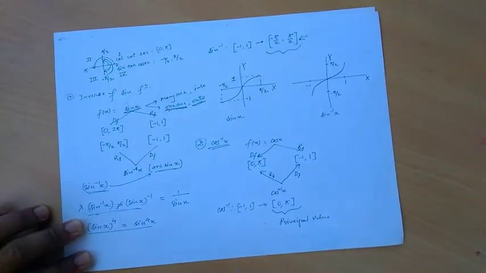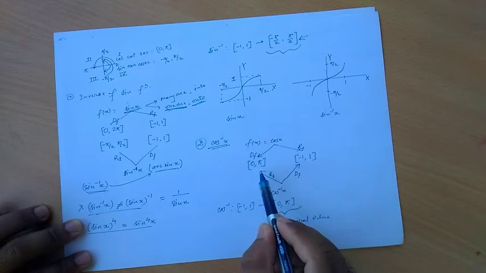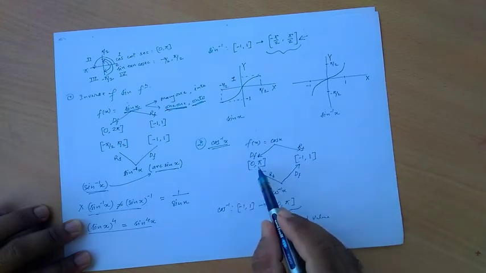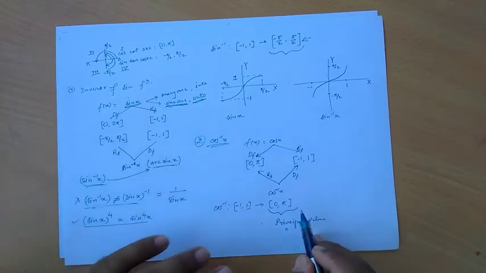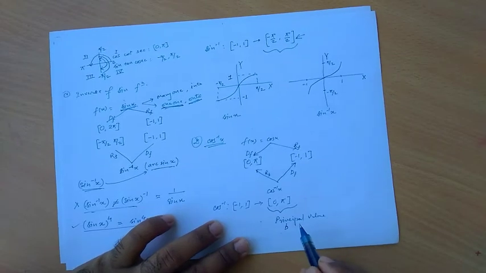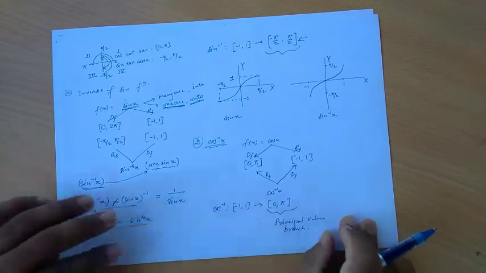Therefore we are cutting down to a particular portion, from 0 to pi, and this is known as the principal value branch. Why? Because we have a lot more values, but we consider this as the principal value branch.